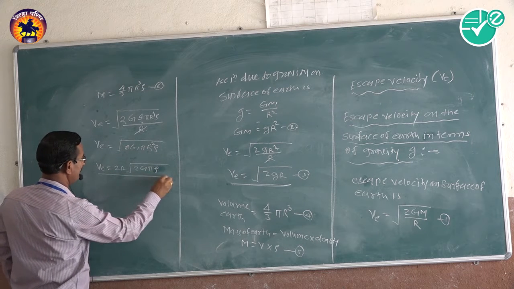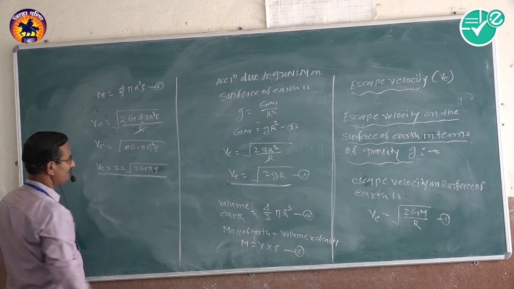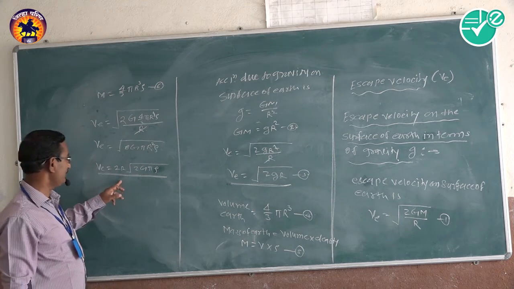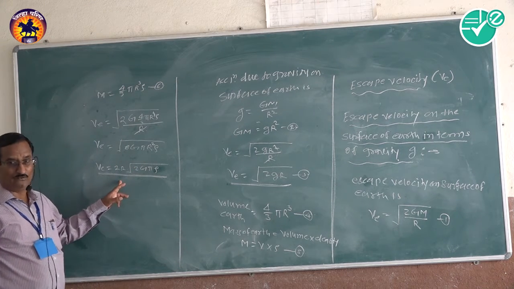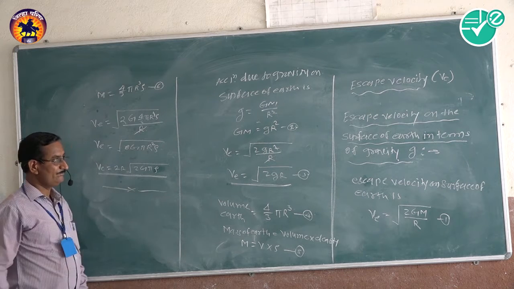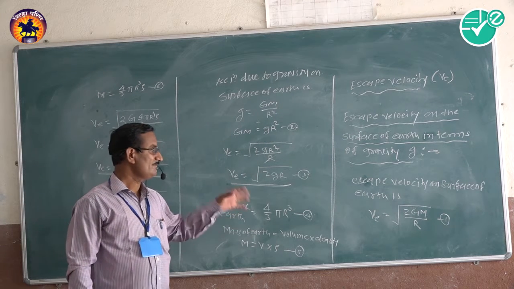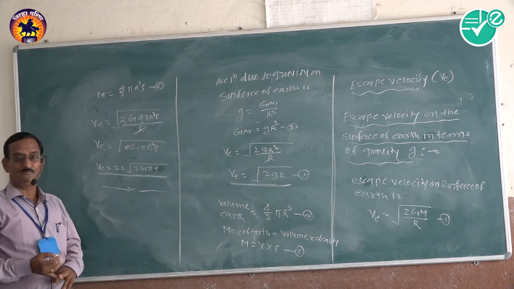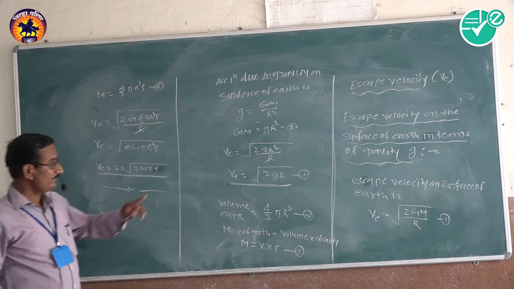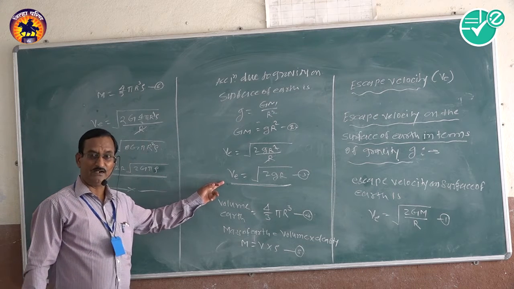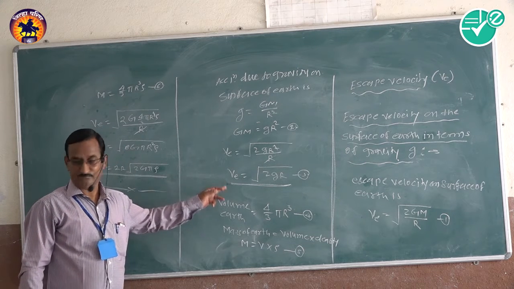That is the escape velocity of the satellite on the surface of Earth in terms of the density rho and in terms of the gravity small g.